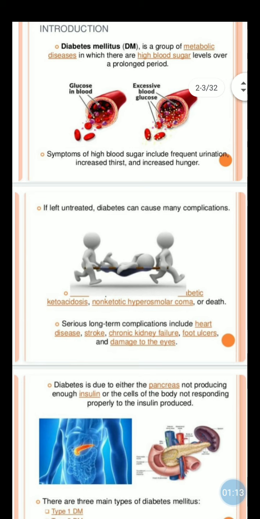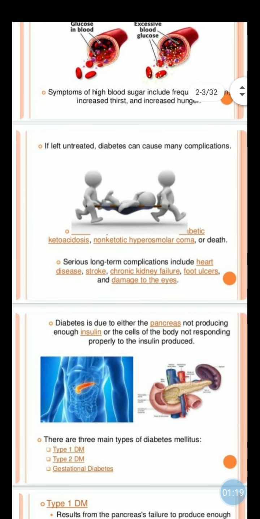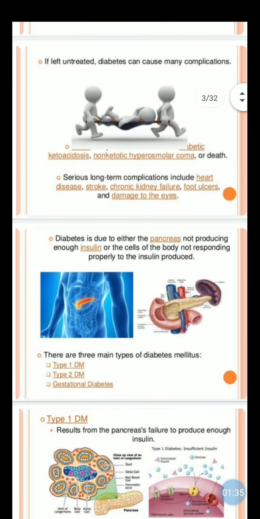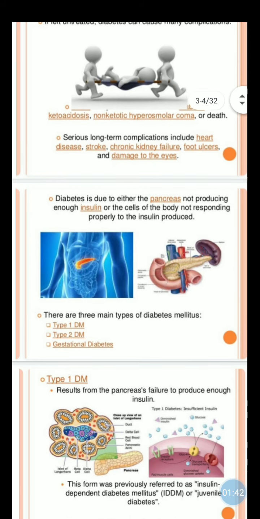If diabetes mellitus is left untreated, it may cause many complications: ketoacidosis, non-ketotic hyperosmolar coma, or death. Serious long-term complications include heart diseases, stroke, chronic kidney failure, foot ulcer, and also damage to the eye.